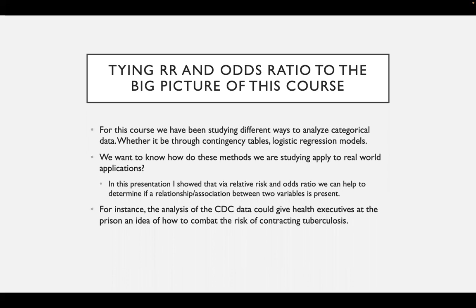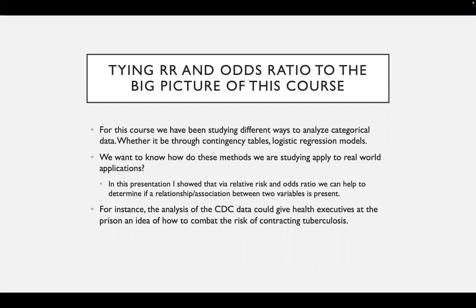For instance, it just says right here, the analysis of the CDC data could give health executives at the prison institution an idea of how to combat this risk of contracting tuberculosis. For instance, they could maybe limit contact in one of the wings that has a higher contraction rate of tuberculosis.